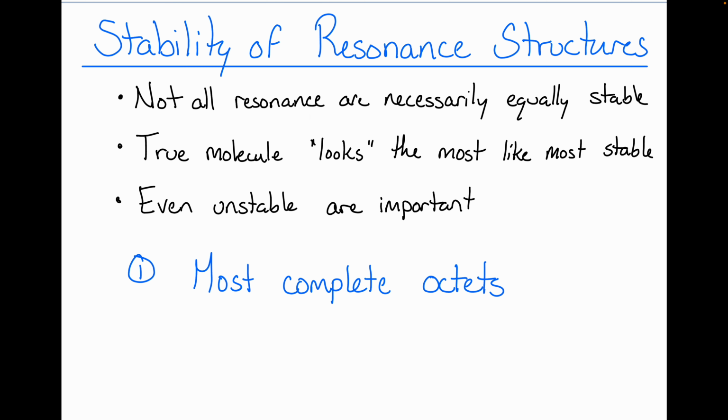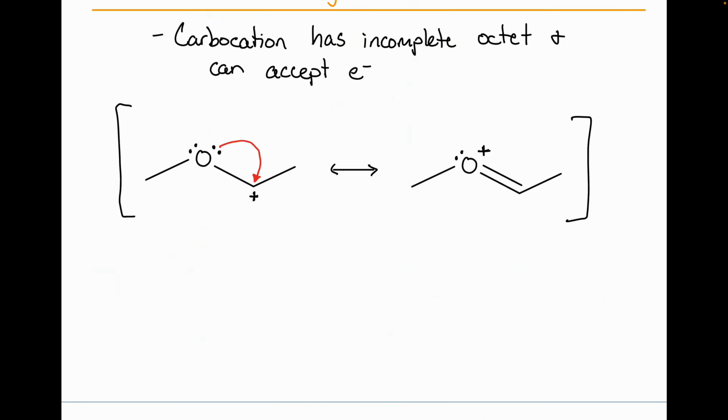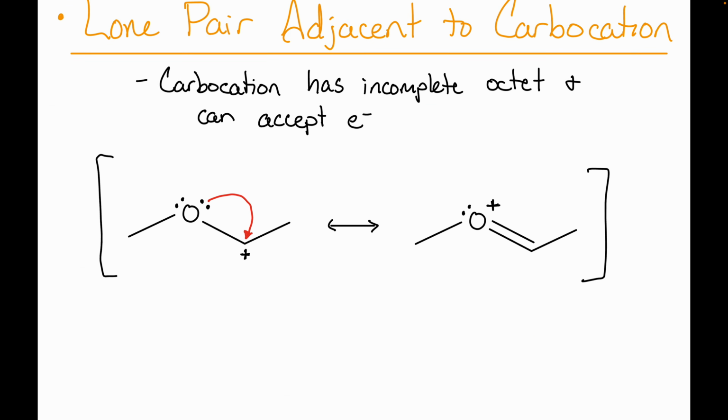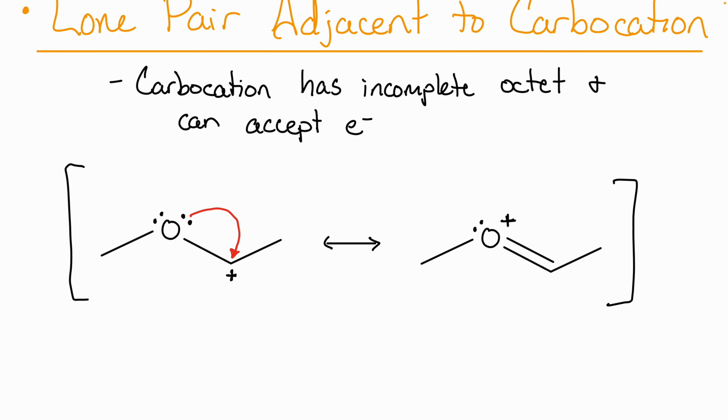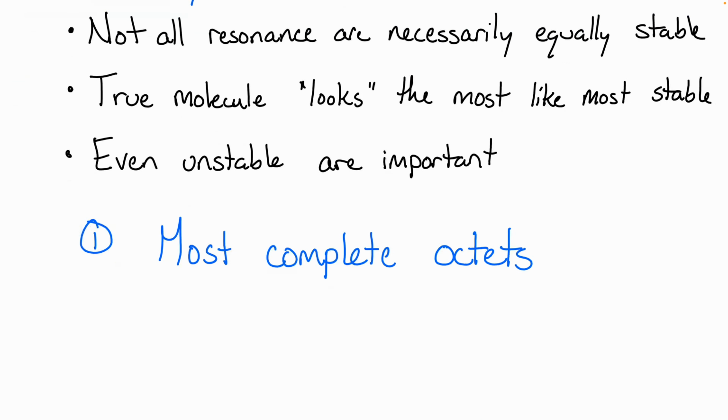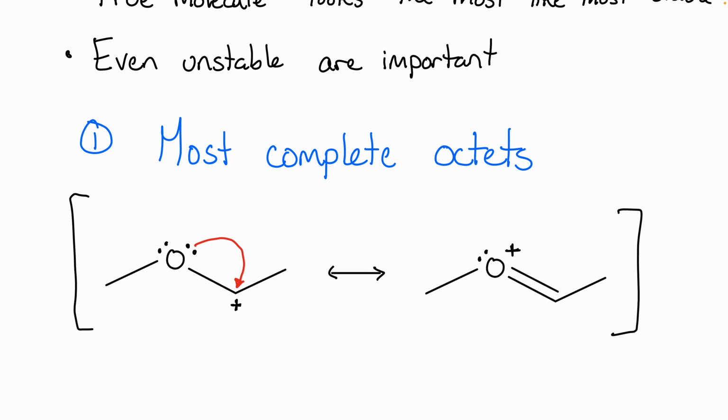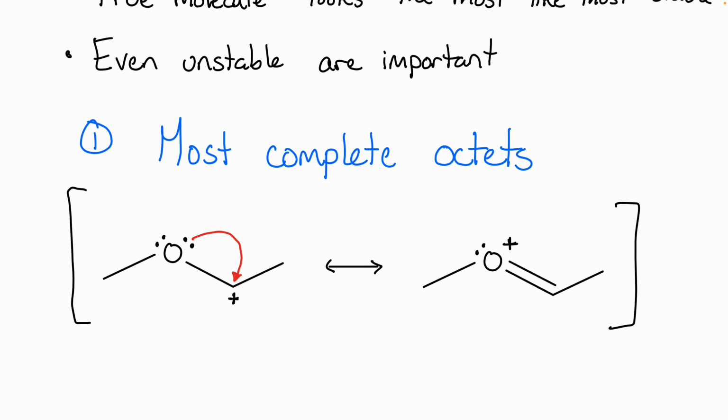All right. So if we take a look at one of these examples that we laid out at the very beginning, this one here, which one of these is the more stable of the two resonance structures? Let's take a poll.